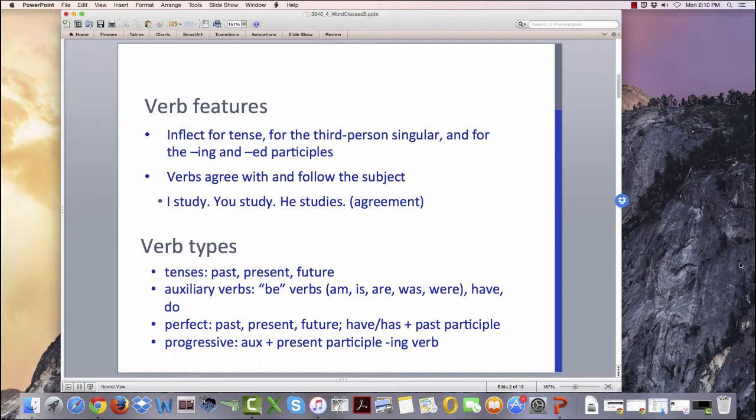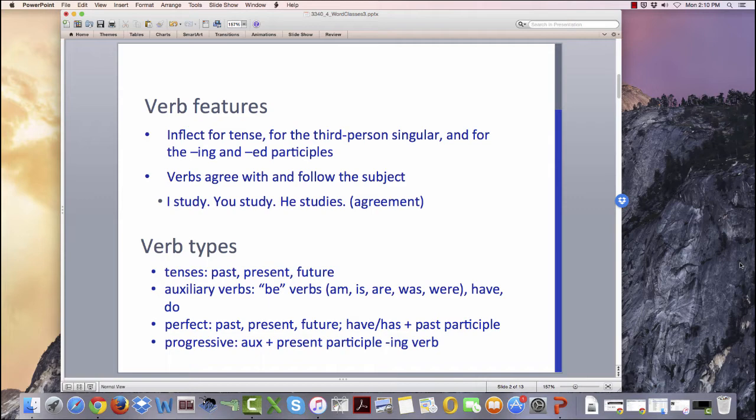They also inflect for third person singular. So I is first person singular, you second person singular, he, she, it is third person singular. So I study, you study, he, she studies. So there's agreement in third person singular.